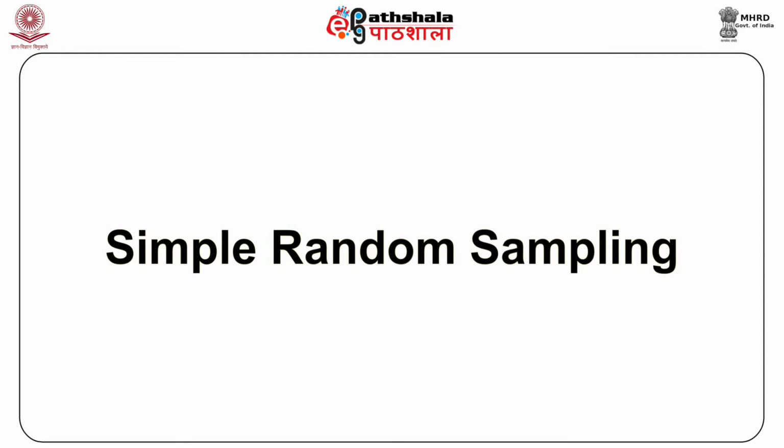Simple random sampling. Random sampling is a procedure by which each sample has an equal probability of being drawn out of the population, and within each sample, each unit has an equal chance of being selected or not being selected. It is the simplest of all probability sampling methods and useful when the population comprises homogeneous units.